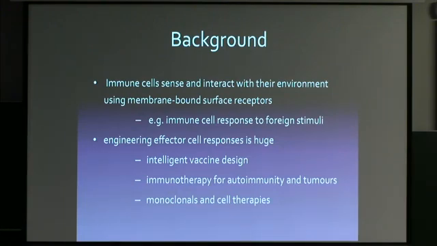We want to design vaccines, which we're still not very good at doing. We want to have immunotherapies. There's a whole burgeoning world of cancer immunotherapy, and this includes monoclonal drugs and different kinds of cells. So this is actually very important. Well, everyone's research field is important when you ask them, right? But mine is especially important, okay?